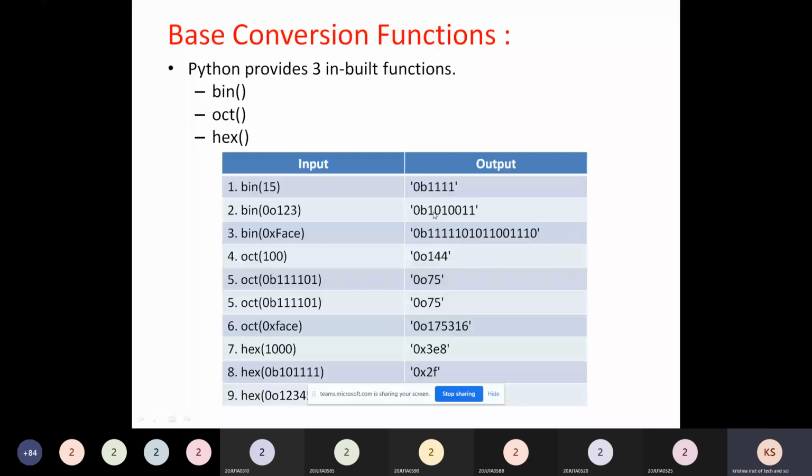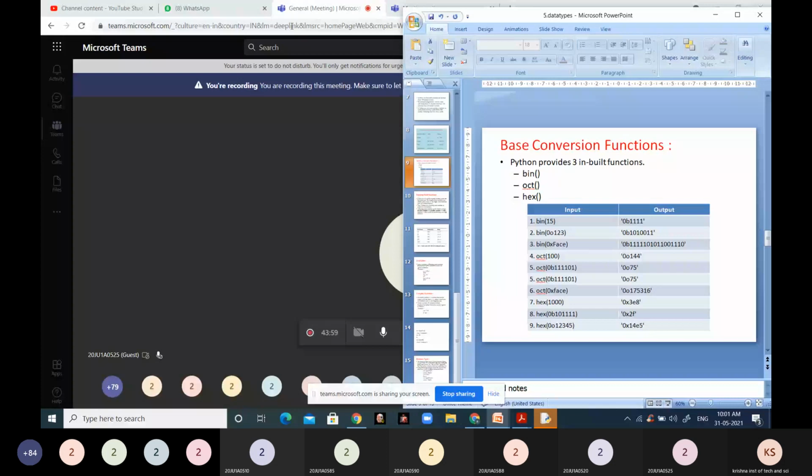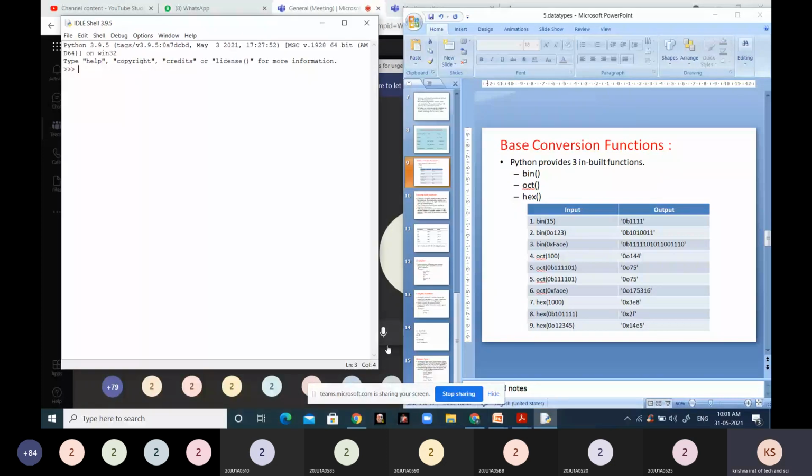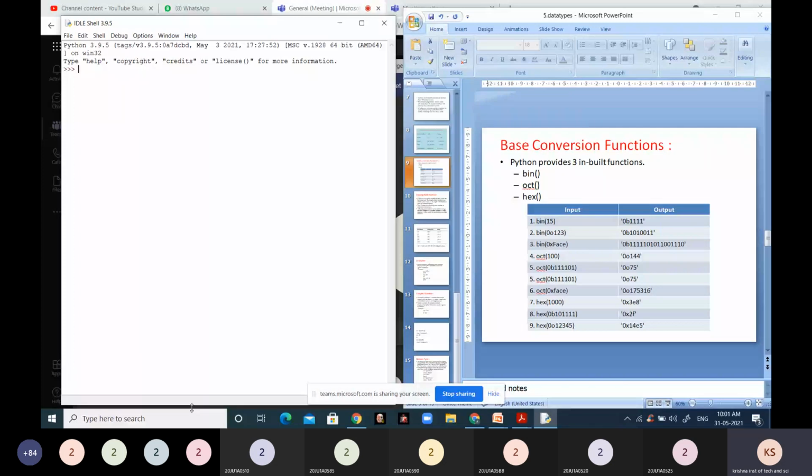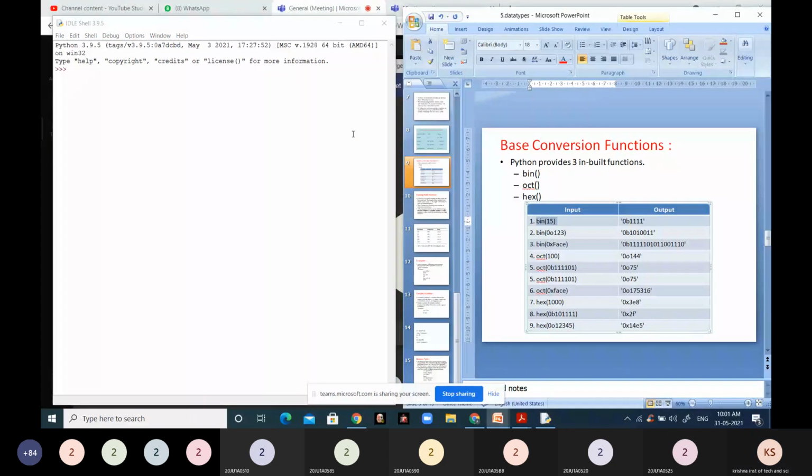Let me show in the example. In the shell I will explain these things. See, bin of 15. What you got here? 0B, four ones.